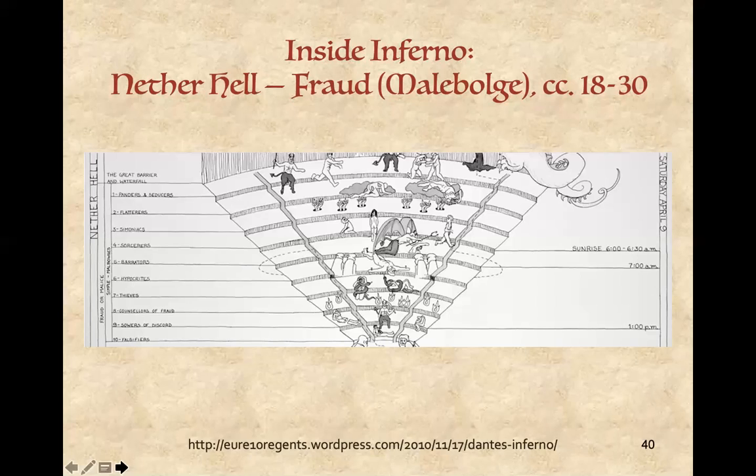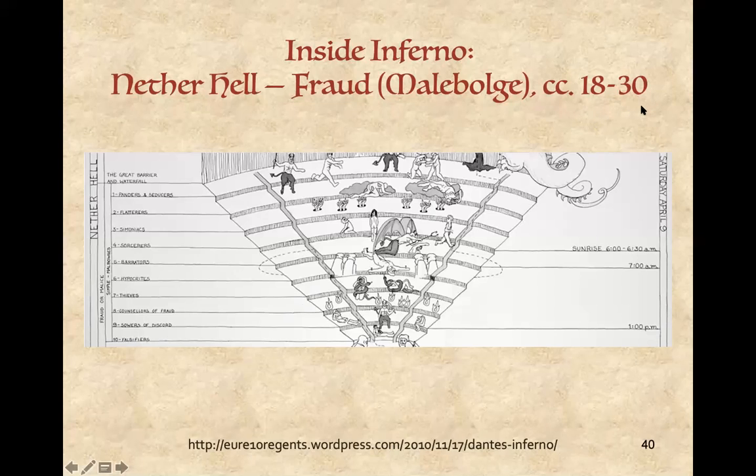And as I said before, Dante divides this into 10 pockets. And these 10 pockets, Malebolge, so rotten pockets or evil pockets, cover the largest section of Inferno, because these are cantos from 18 to 30.